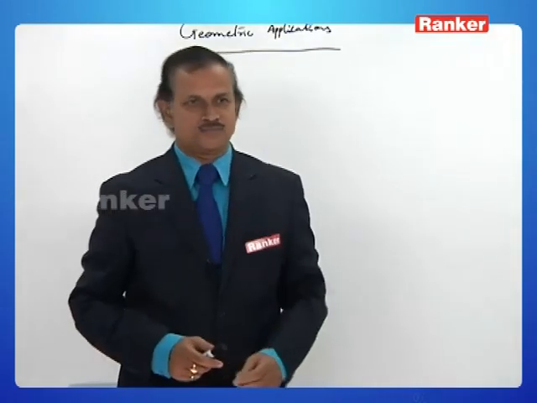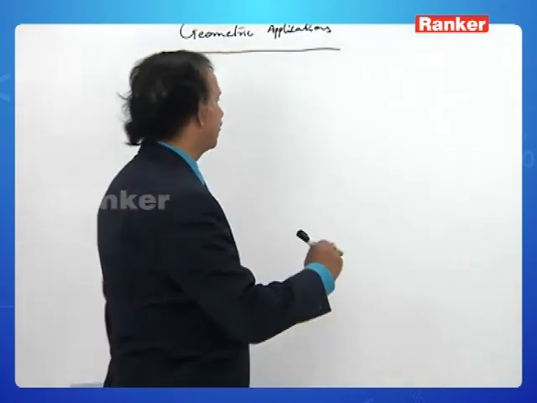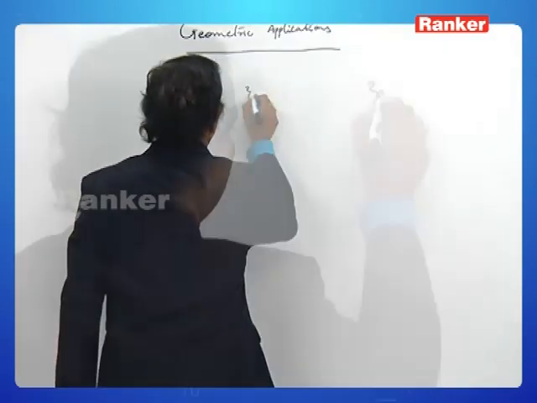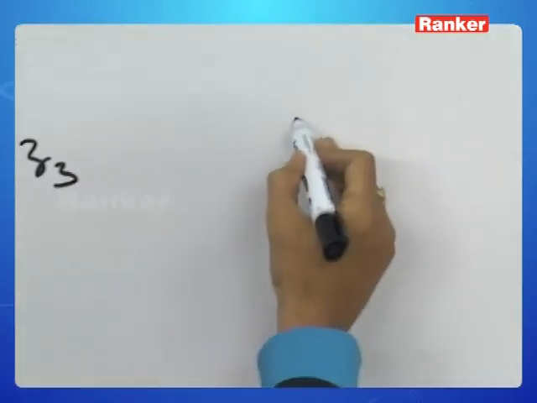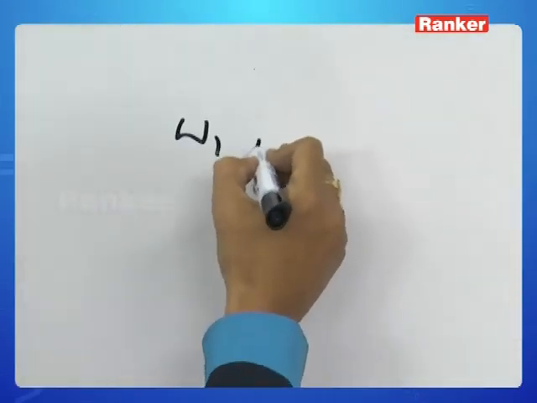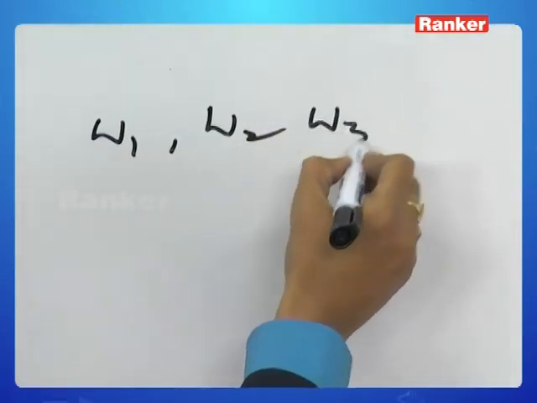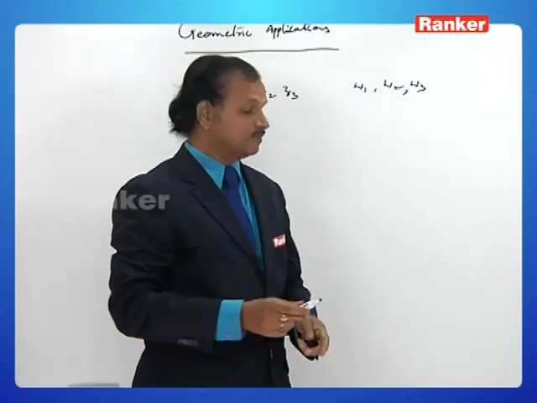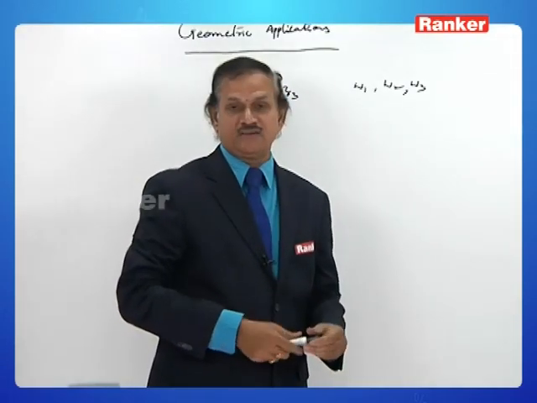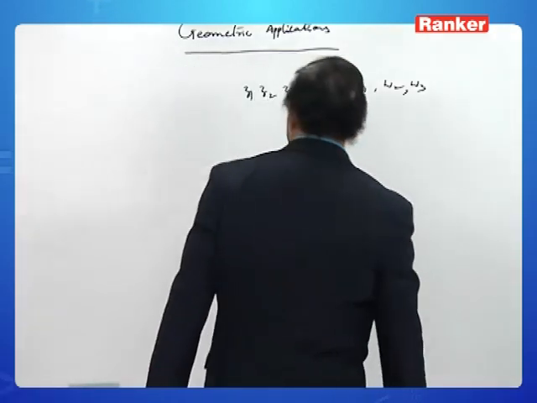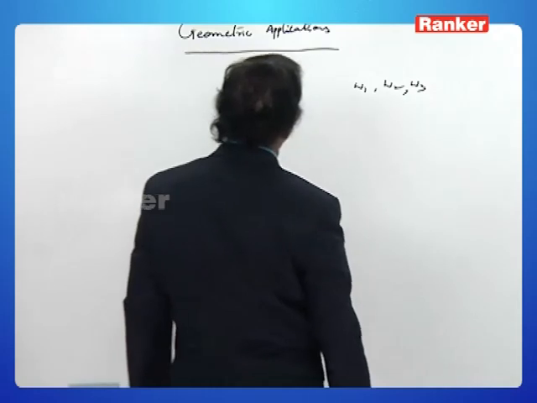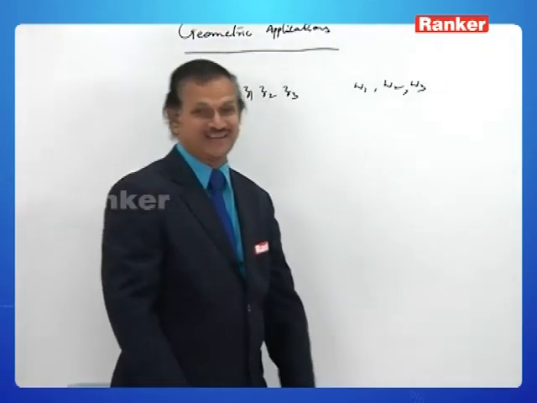The next concept: suppose there are two sets of three complex numbers, Z1, Z2, Z3 and W1, W2, W3. These three complex numbers correspond to 3 points which form a triangle, and those 3 points W1, W2, W3 also correspond to 3 points which form a triangle.